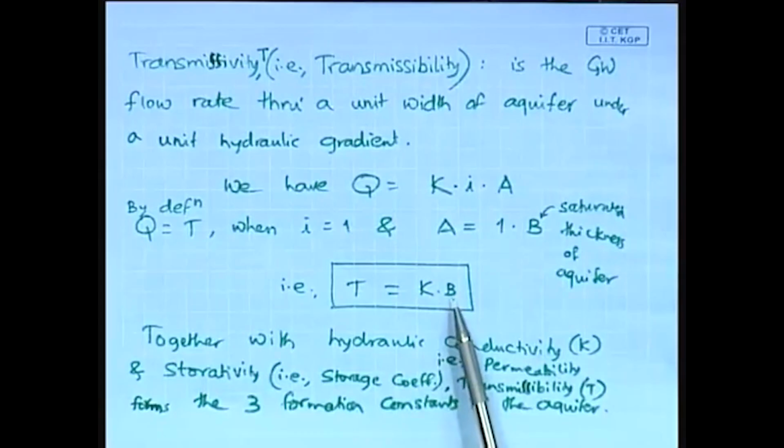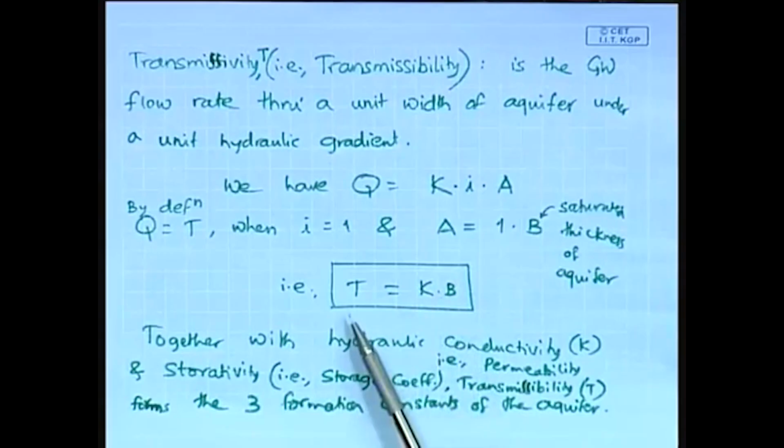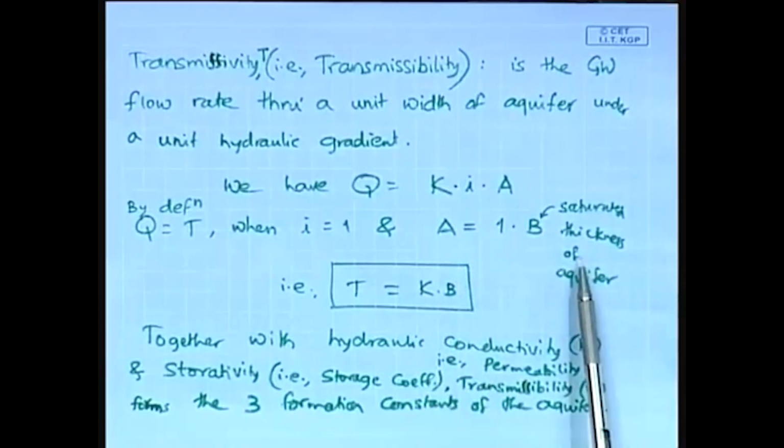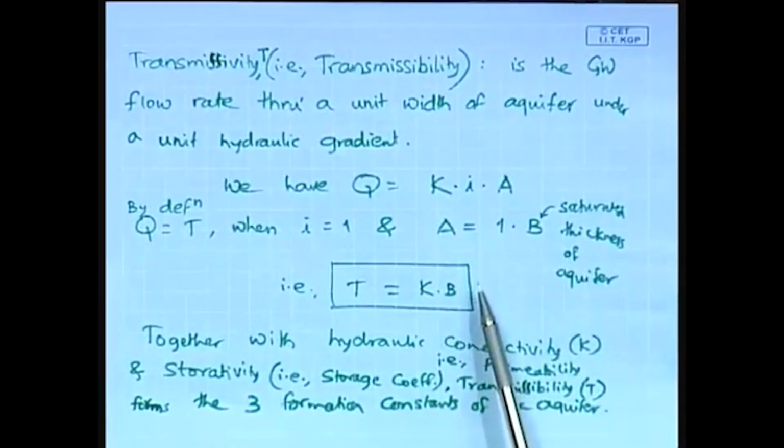Whereas, in case of a confined aquifer, the saturated aquifer thickness is constant at a particular location, and therefore the transmissibility or transmissivity T is more constant as compared to that of an unconfined aquifer.